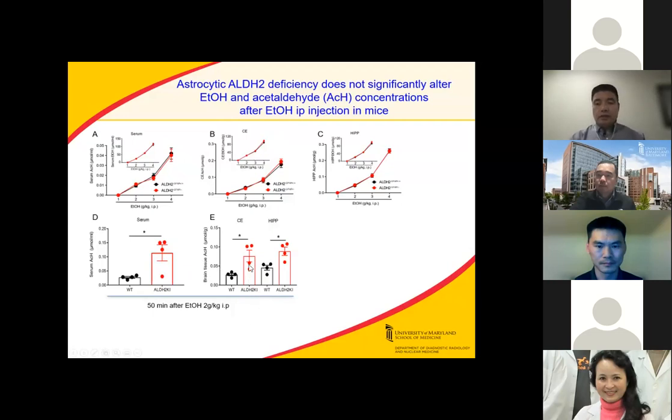That means we have established the ideal model to do this study of how acetaldehyde or acetate affect human behavior or animal rodent behavior. So this is the ideal model.